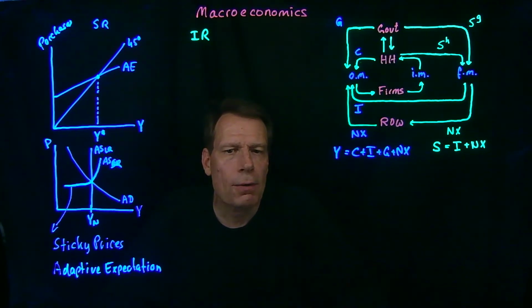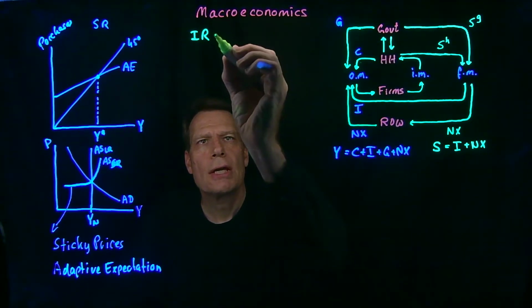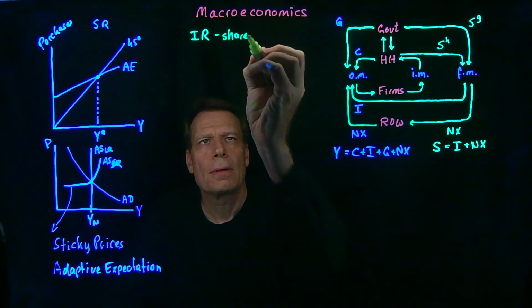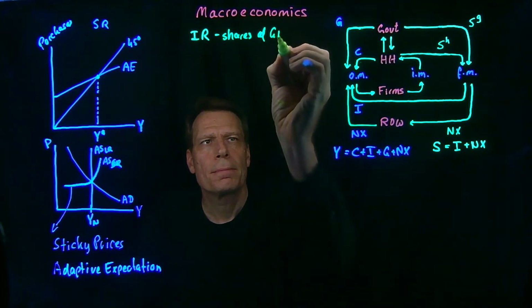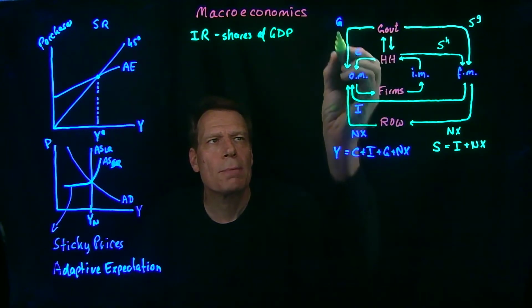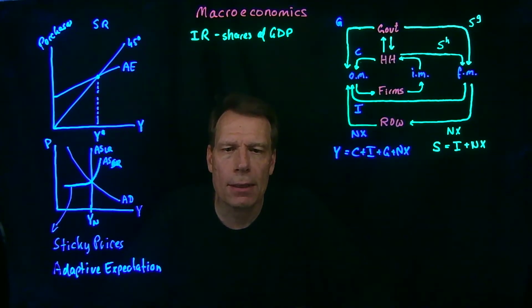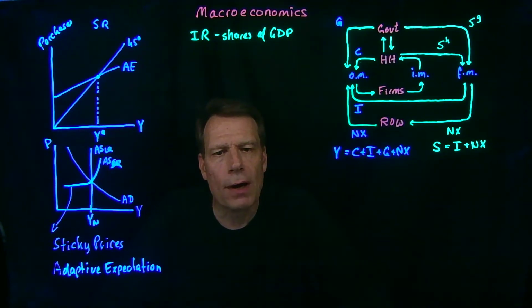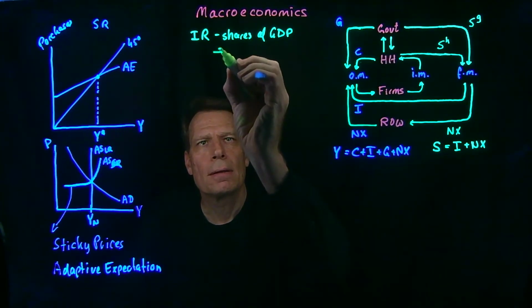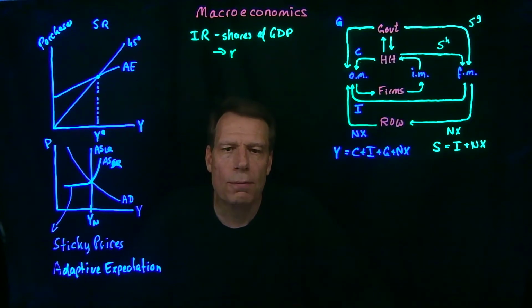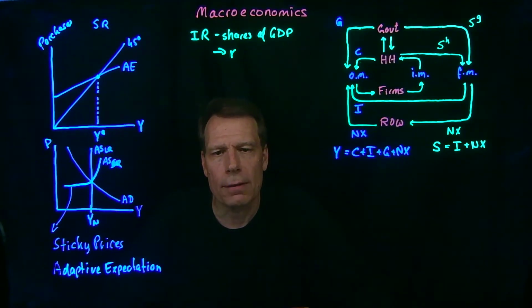And instead, our entire focus was on thinking about what explains the shares of GDP that go to consumption, government purchases, investment, and net exports in the intermediate run. There we found that the real interest rate is the crucial variable that equilibrates things in the intermediate run.